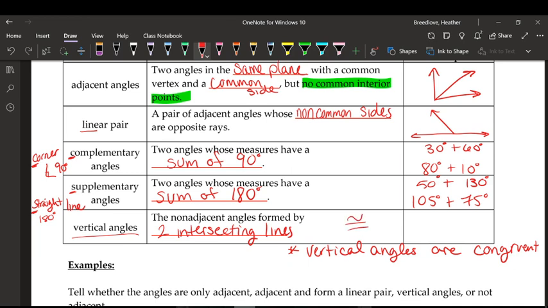And you can recognize them because the lines make an X, and so then the opposite angles are equal to each other. Those are the vertical angles. Each pair of lines that make an X have two different pairs of vertical angles. Just to keep it simple looking, I'm not really going to mark all of them in here. Just want you to see that.